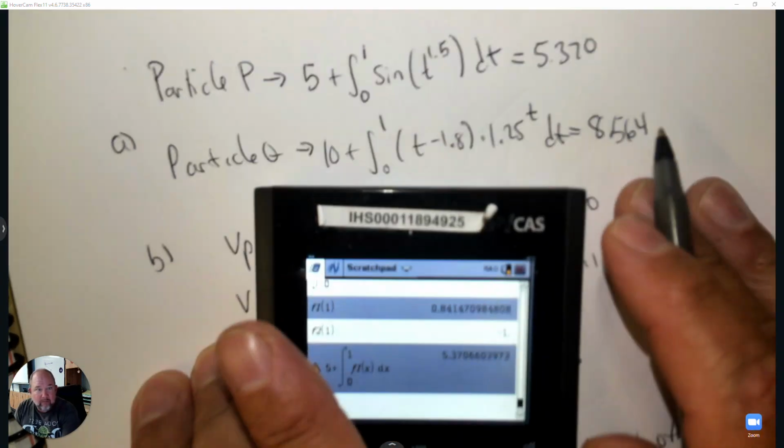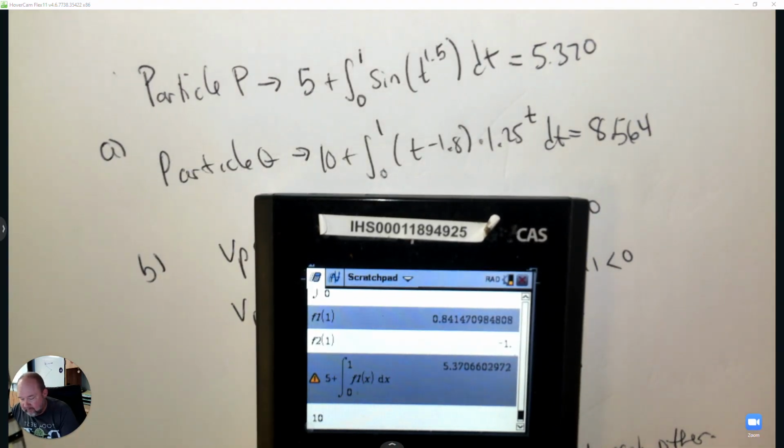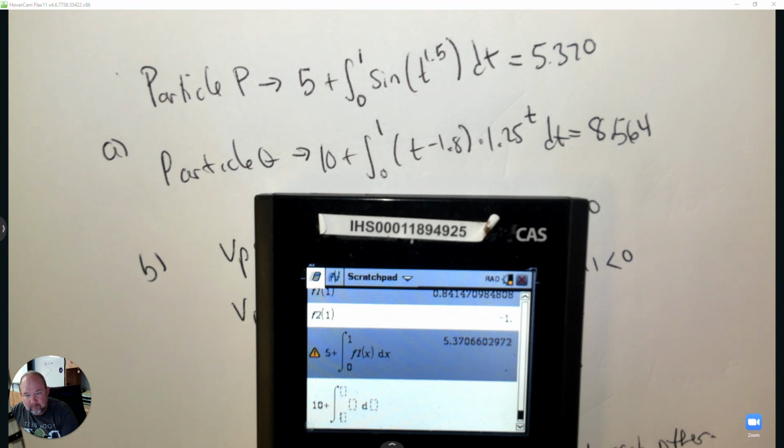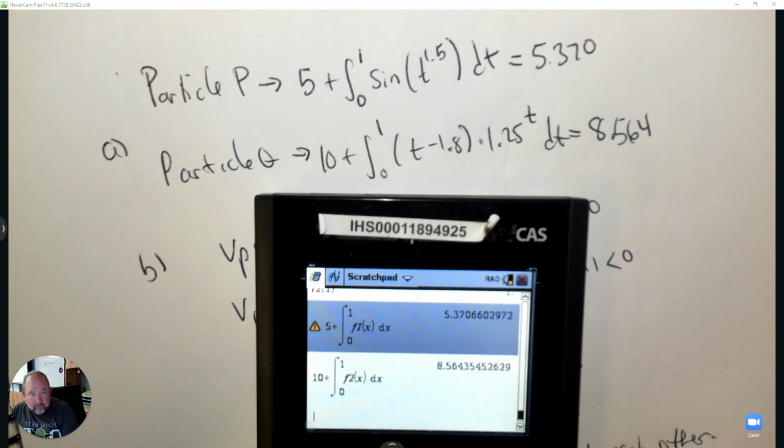That's what that was, 5.370. Same thing here, you can go 10 plus, again, menu calculus integrate from 0 to 1. And then the second one, F2 is the second particle. It just makes it easier, just have to type it in once and then you have your answer.